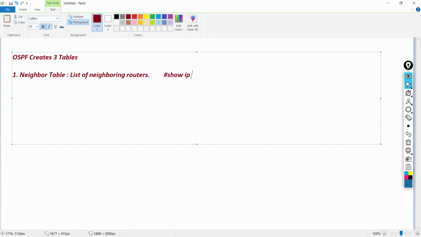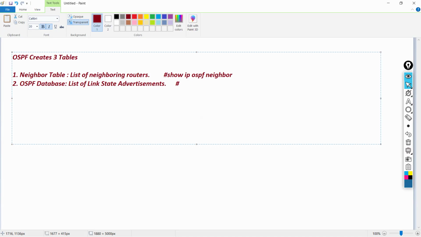You give the command show ip ospf neighbor. Table number 2 is the OSPF database, the list of link state advertisements. A link state advertisement is the routing update of your OSPF, the routing information.